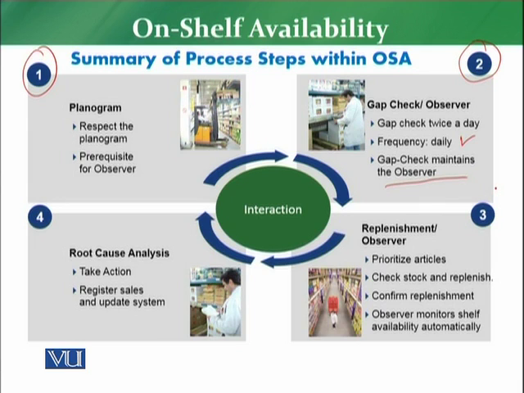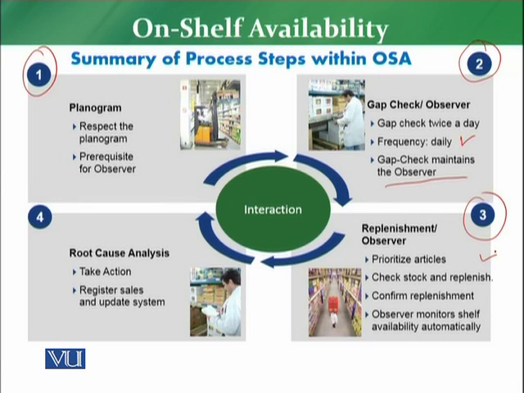The third thing was about replenishment. What you have to do, as we have discussed, is first of all replenish the prioritized articles. In the prioritized articles, we have already discussed the ABC articles, the core assortment articles, and the promotional articles.